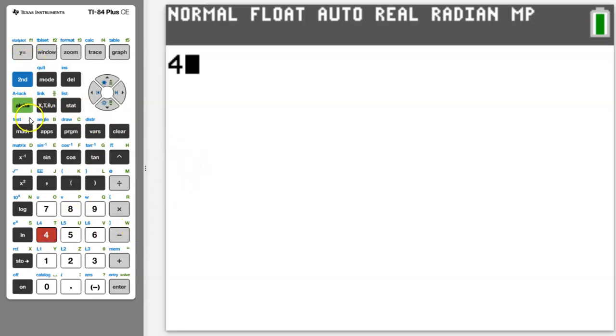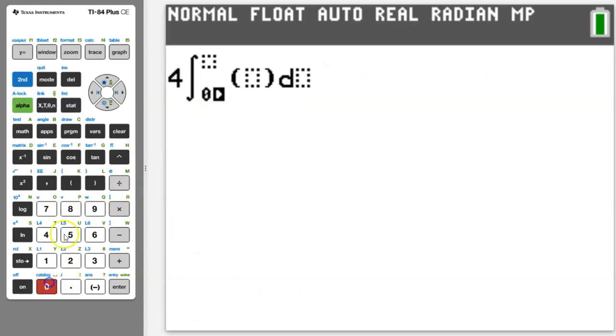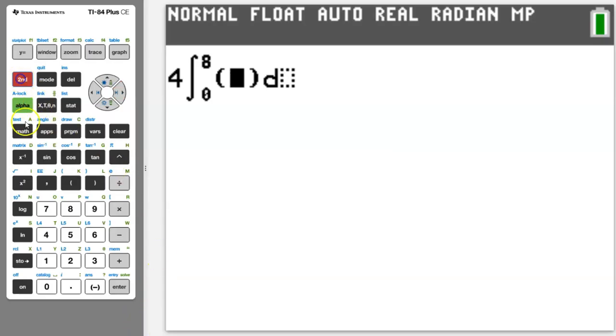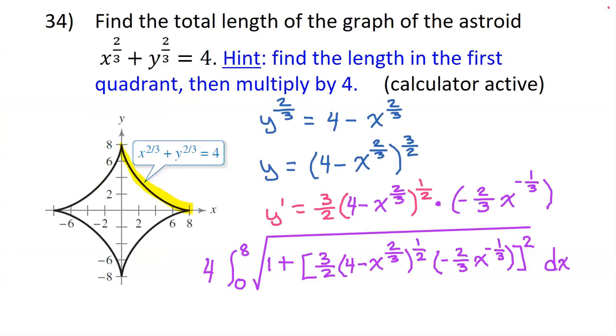For integration, we do math 9. In this case, we are integrating from 0 to 8. Then we have the square root of 1 plus some stuff. So here we go, the square root of 1 plus. And then everything else is going to be squared.